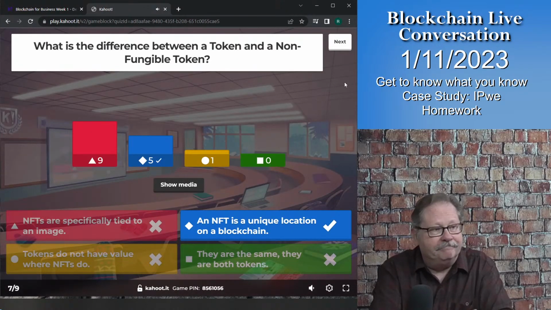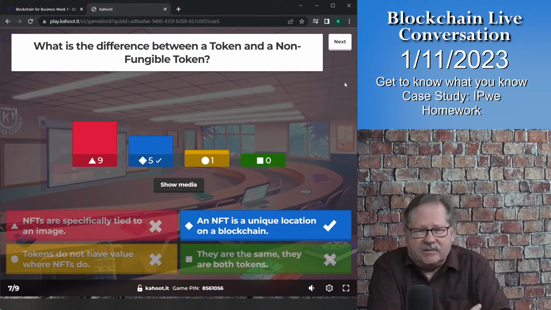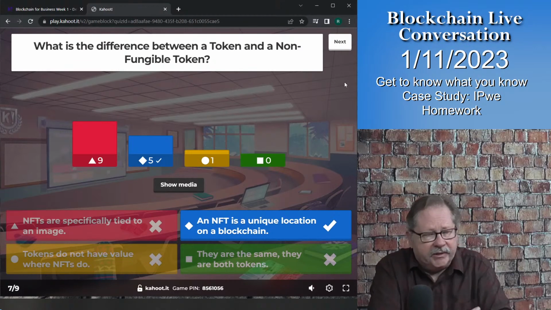Okay. So we see that the news media has basically fooled a lot of you into believing that NFTs are just those images, like Bored Apes, which is probably the most popular. In fact, it's the largest NFT provider.